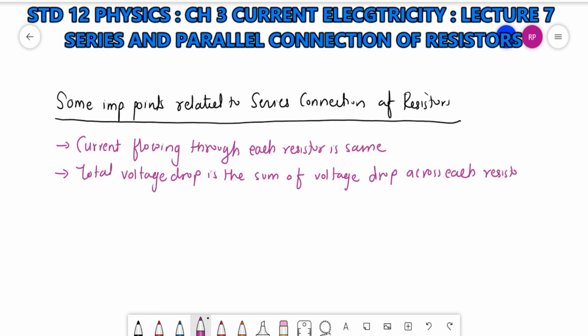Okay, this is the second point. The total voltage drop is the sum of voltage drop across each resistor. So we took V equal to V1 plus V2 plus V3.